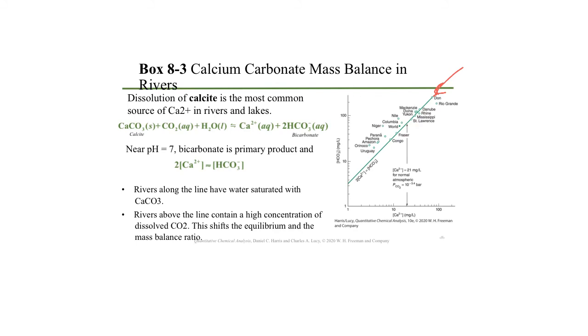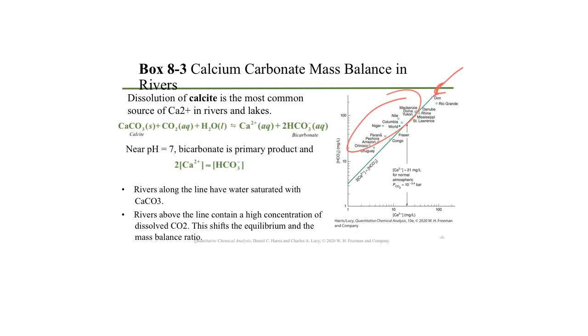But these rivers above, right, they have a high concentration of dissolved CO2. And that shifts the equilibrium and the mass balance ratio. And so that's not as conducive to certain types of aquatic life, right?